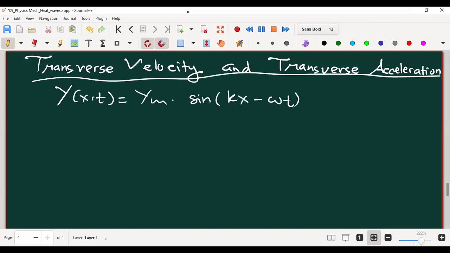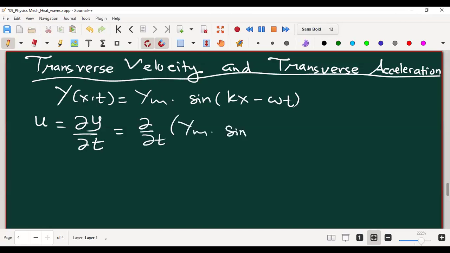So the transverse velocity we can define as u, which is u = dy/dt. This is a partial derivative, because we only differentiate with respect to time. So this one is ∂/∂t of ym sin(kx − omega t).